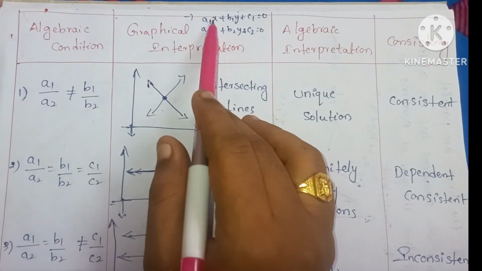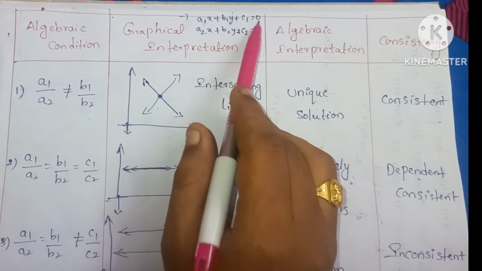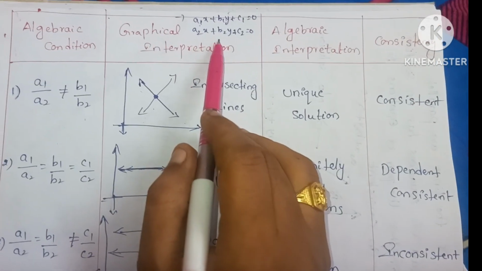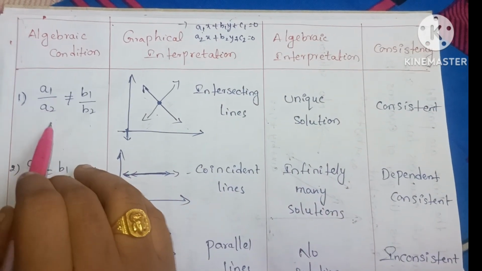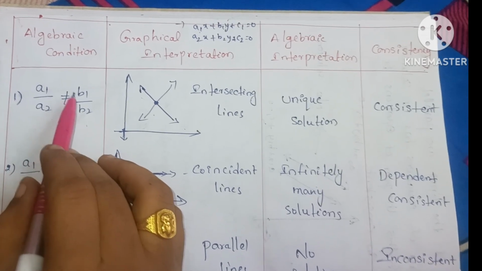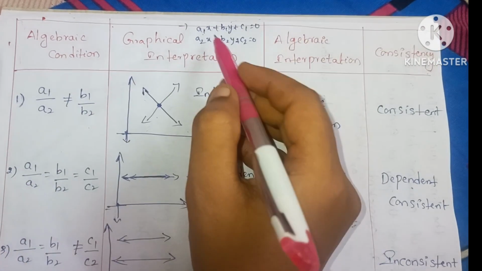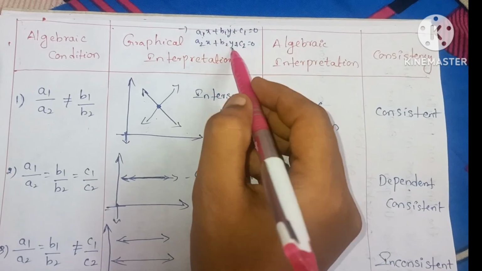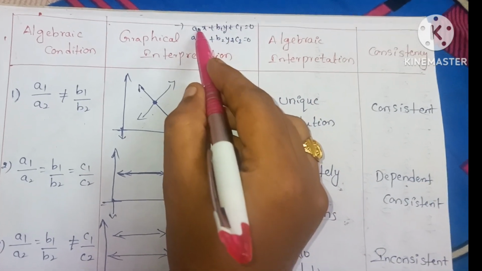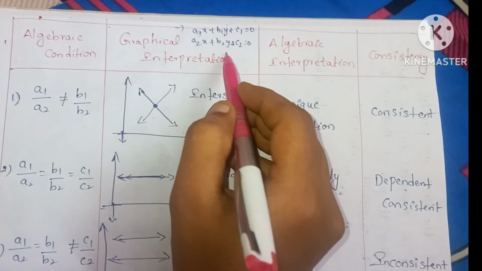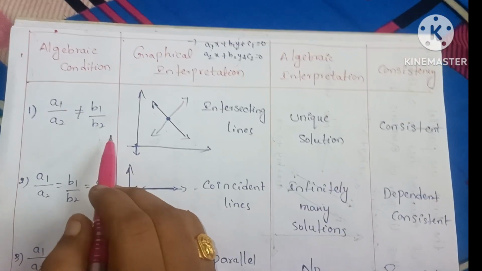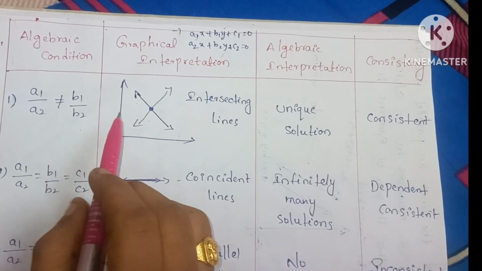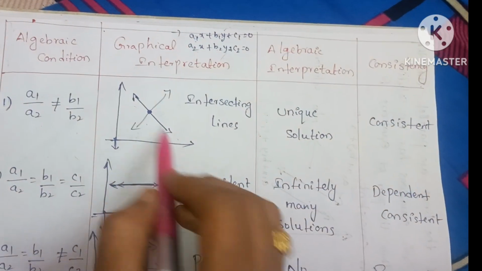In these cases, first one, algebraic condition. What are the two equations? a1x plus b1y plus c1 equals 0 and a2x plus b2y plus c2 equals 0. In this first one, a1 by a2 is not equal to b1 by b2. This is the ratio a1 by a2 and b1 by b2. Two linear equations mean two straight lines.